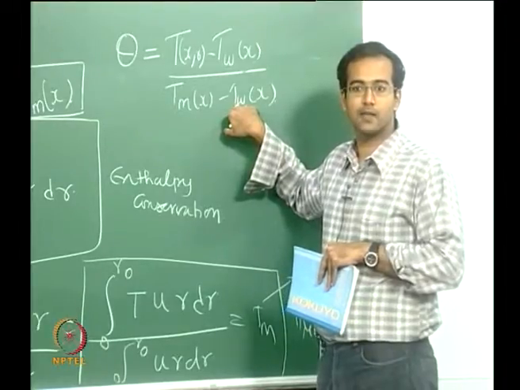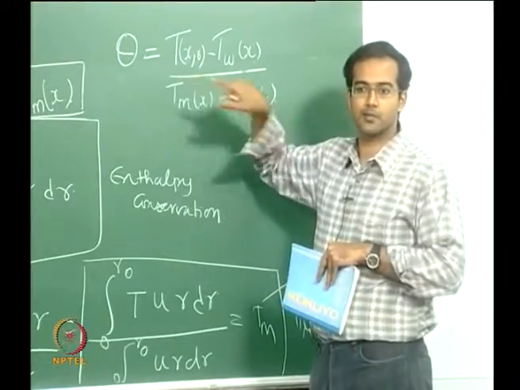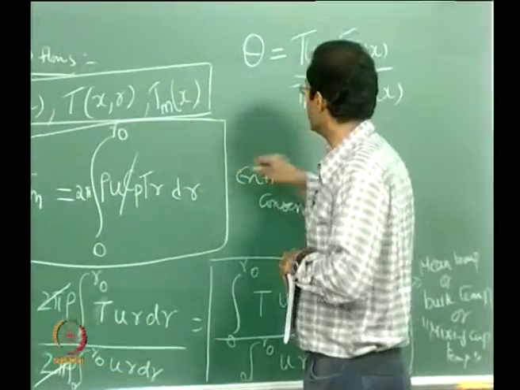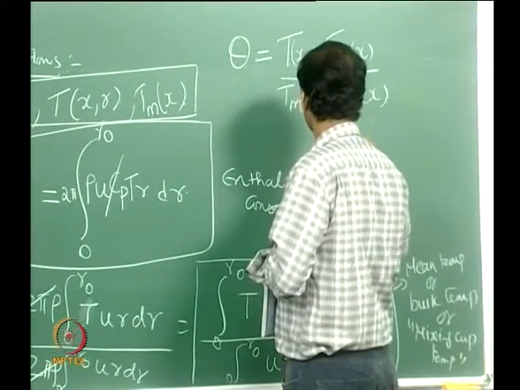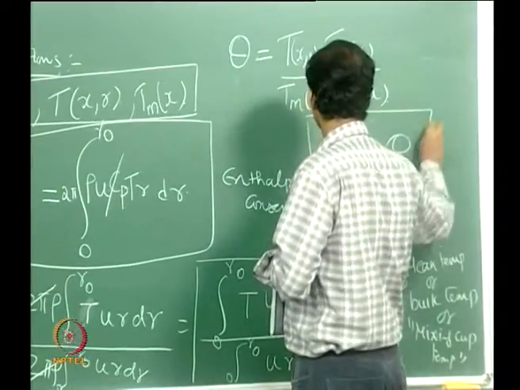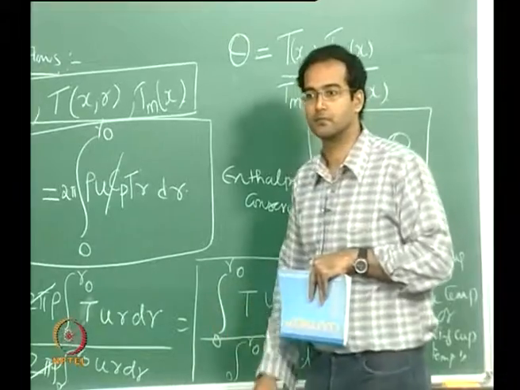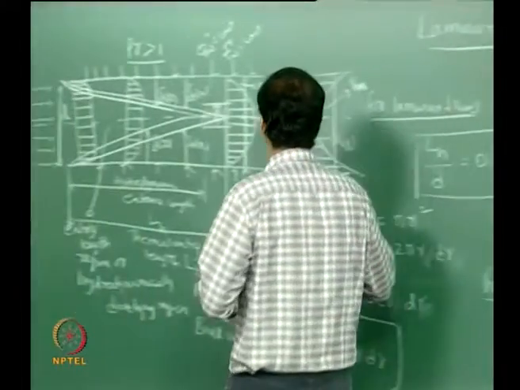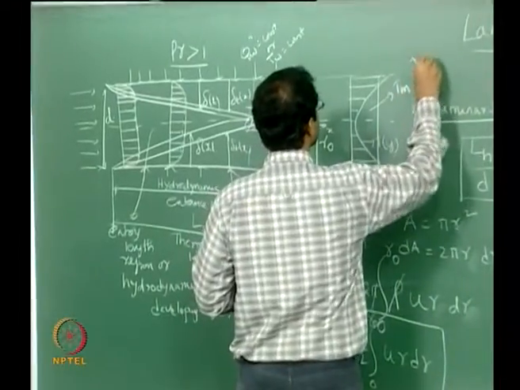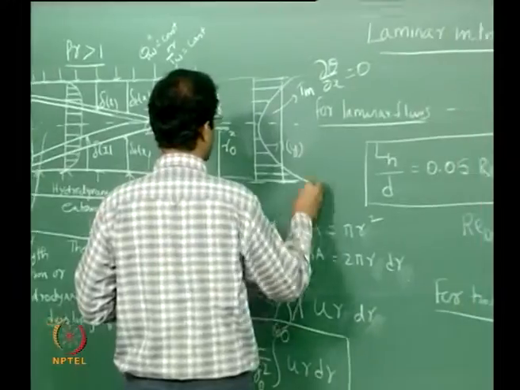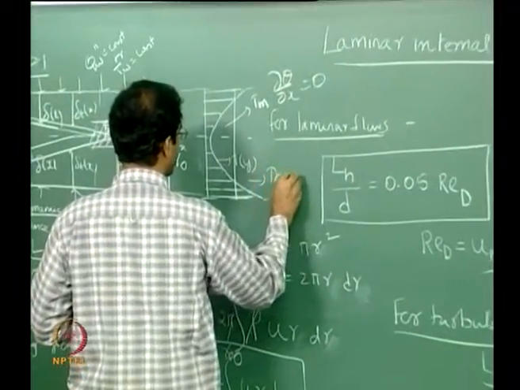Therefore there will not be any variation of theta with respect to x. So the condition for defining thermally fully developed flows will be d theta by dx equal to 0. Once I identify that region where d theta by dx is equal to 0, I can call it a thermally fully developed region.